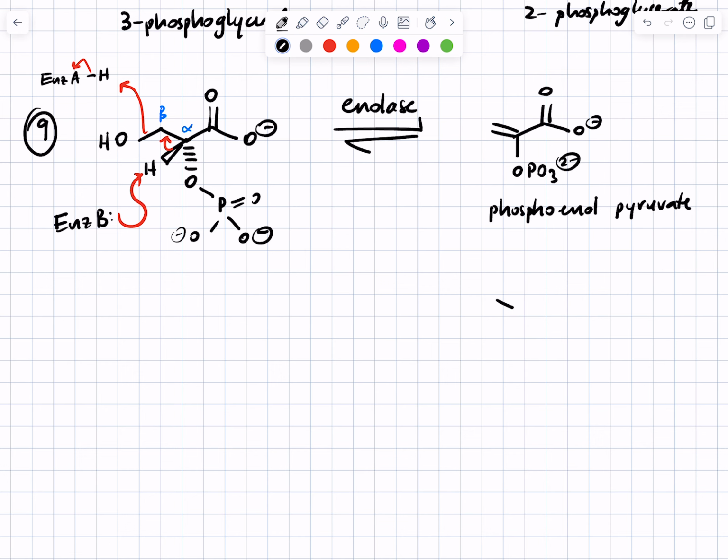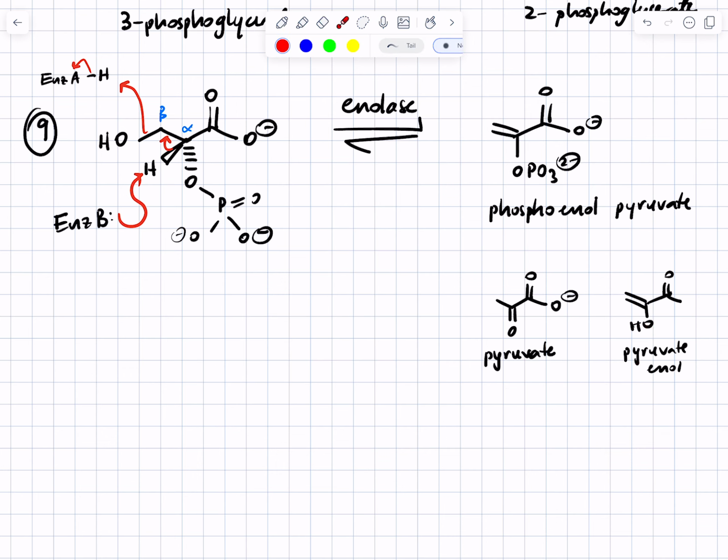So just as an explanation, pyruvate is the 3-carbon carboxylic acid with a ketone on the alpha carbon. So that's pyruvate. It's an alpha keto acid. The enol of pyruvate would be this. Would be the enol form, right? So we would call that pyruvate enol.